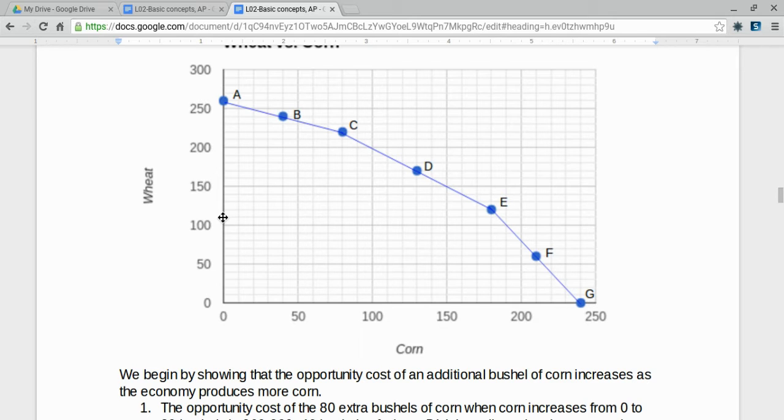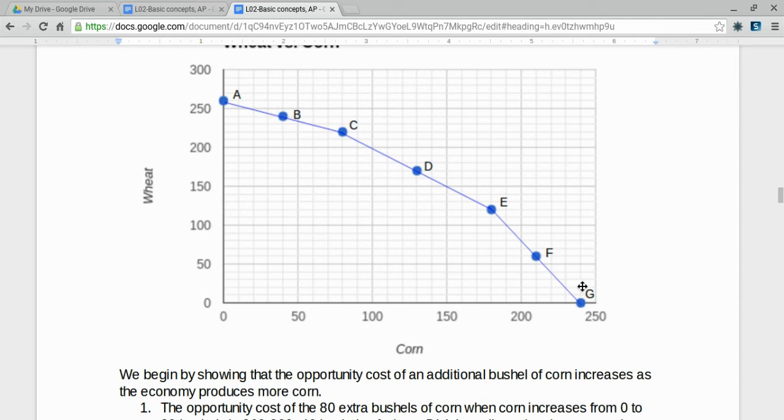That means the opportunity cost of each extra bushel of corn is 100 bushels of wheat divided by 100 bushels of corn, which is 1 bushel of wheat per bushel of corn.